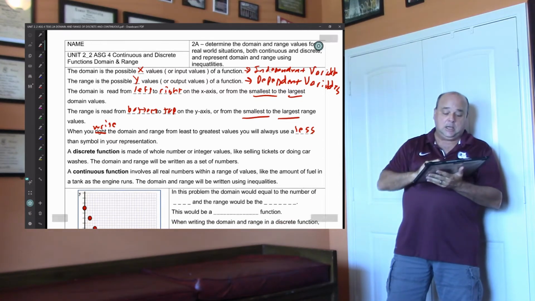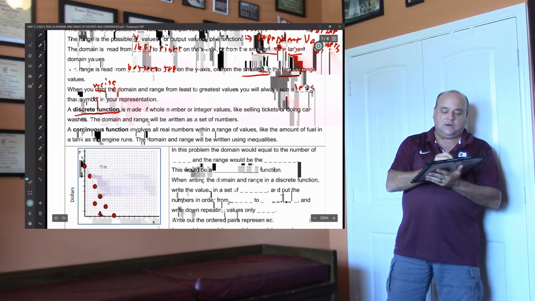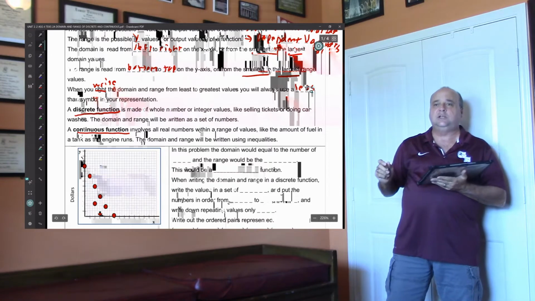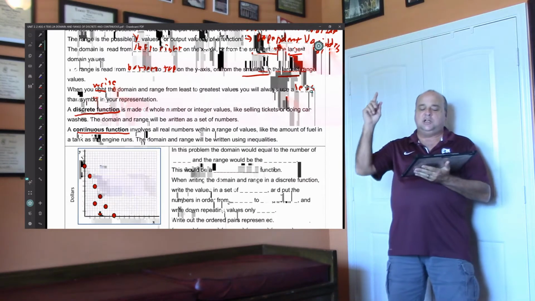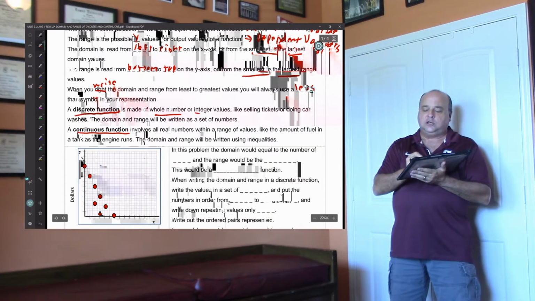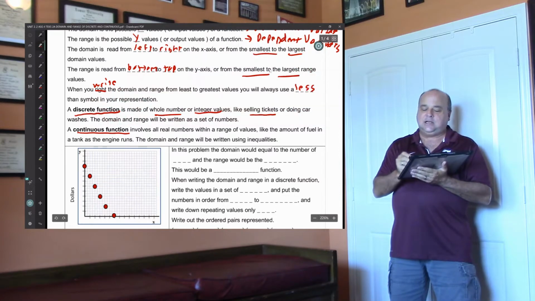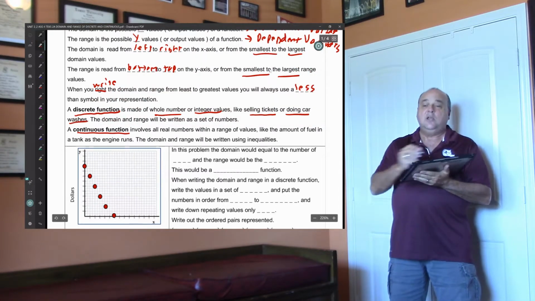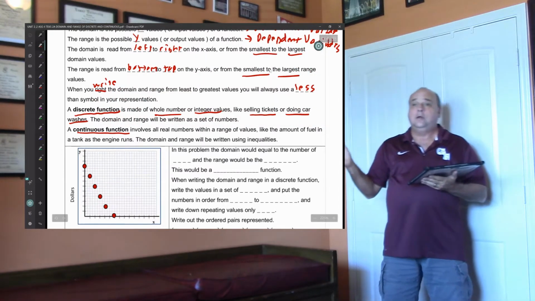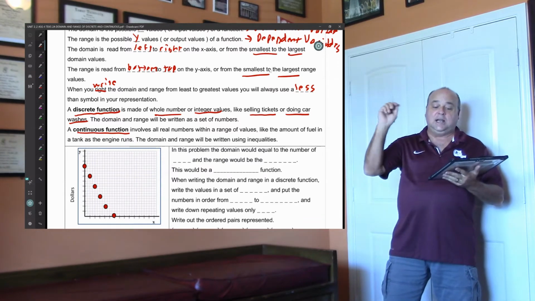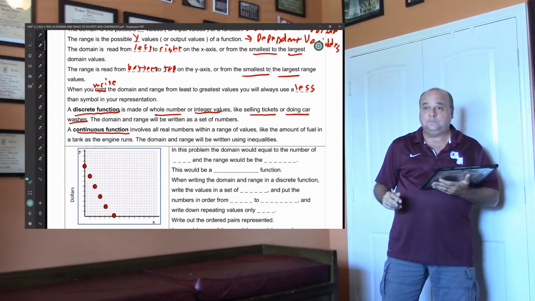But today, you're going to learn about what a discrete function is and what a continuous function is. A discrete function is made up of whole number or integer values, like selling tickets or doing car washes. You can't wash half a car. If you're selling tickets, you can't sell half a ticket.